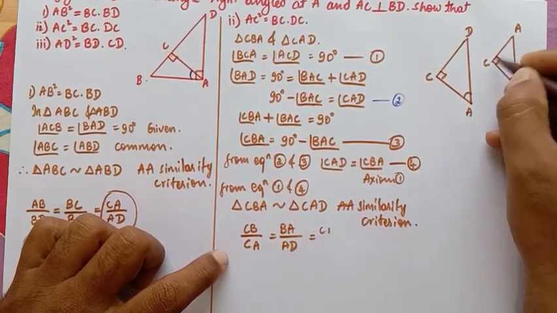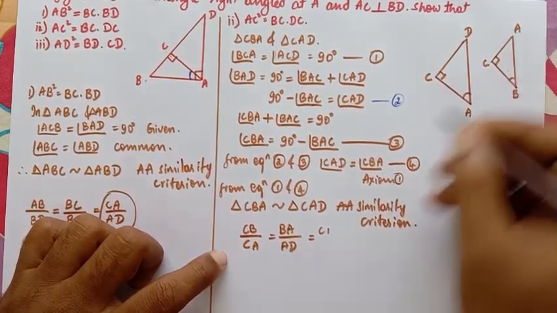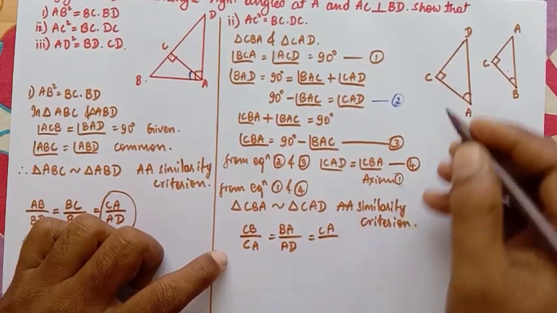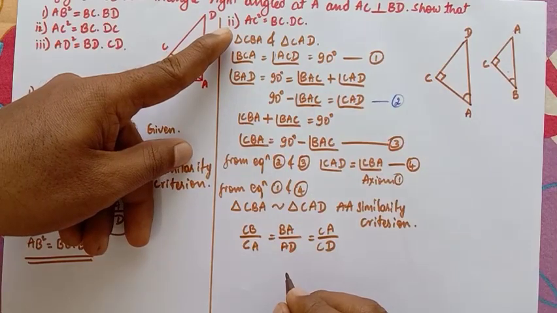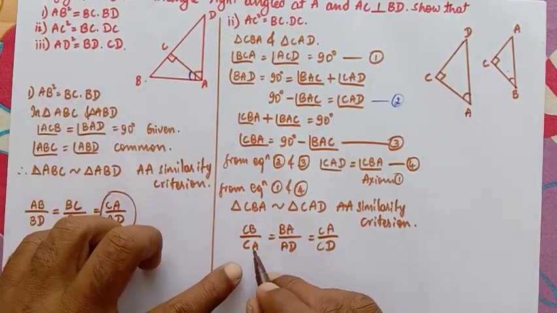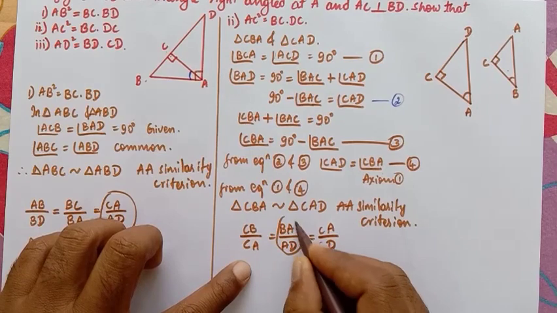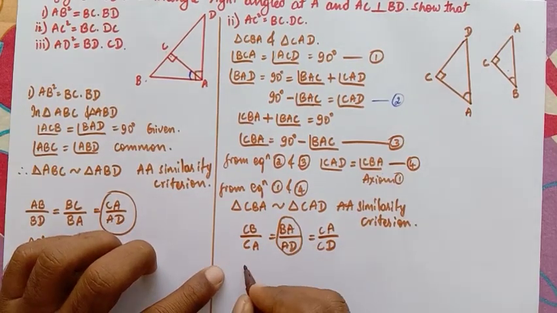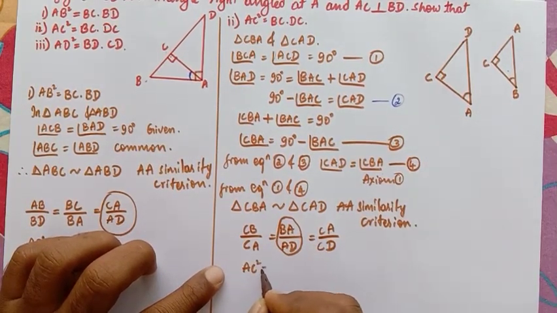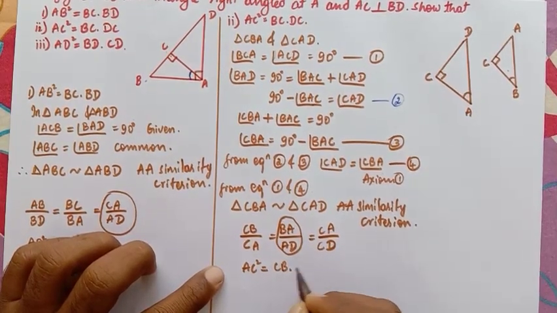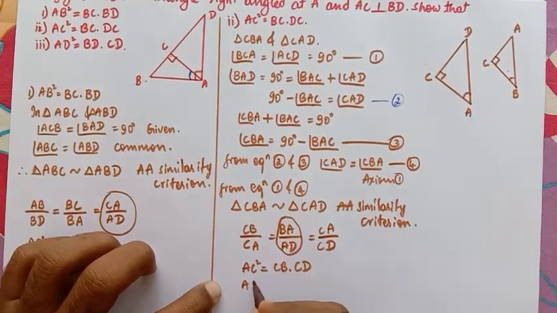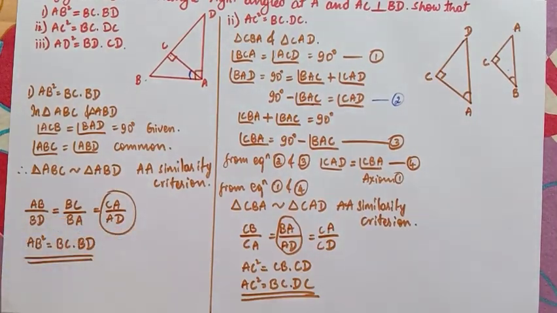So first I should write CA, this one smaller triangle, CA by CD. So what we want is AC square, AC into AC. So AC square is equal to BC dot CD, which is nothing but AC square is equal to BC dot DC. This completes the problem.